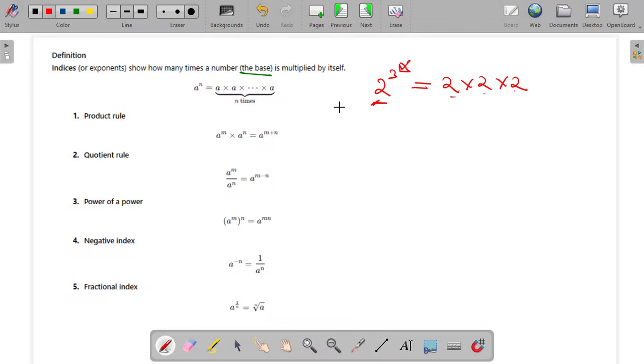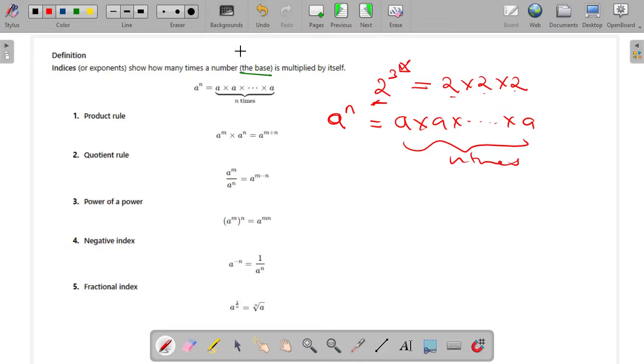Thus, in general, if we have any number a to the power n, this n here means n times that you multiply the a. So it's just a by a by a, n times, like that. So that's basically what indices, or exponents, are.